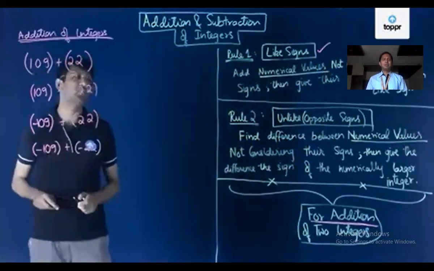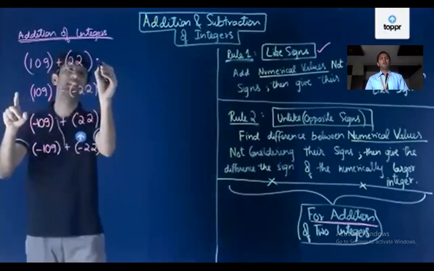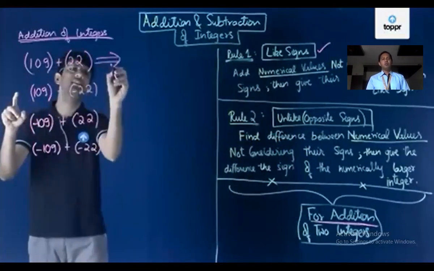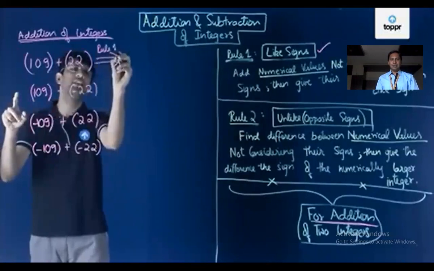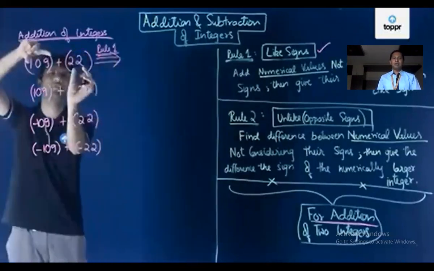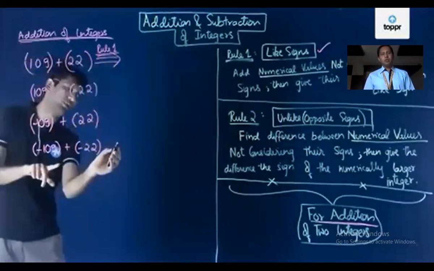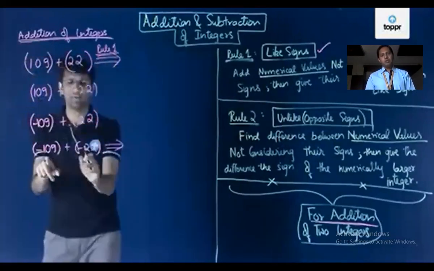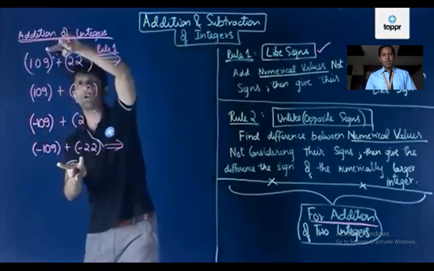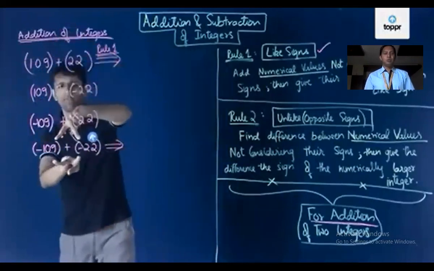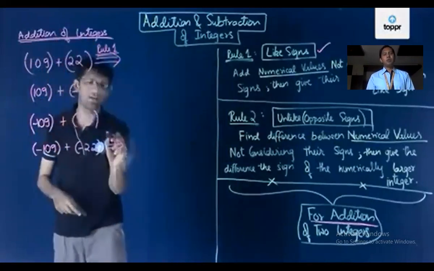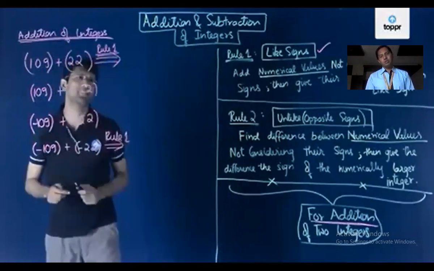In the last case as well, 109 and 22 are both negative, so there also we have like signs. So we'll apply rule 1 in case 1 as well as in case 4.